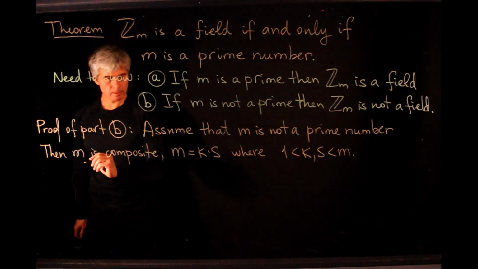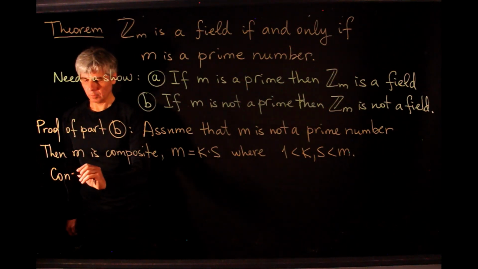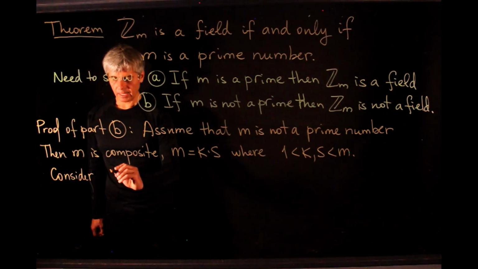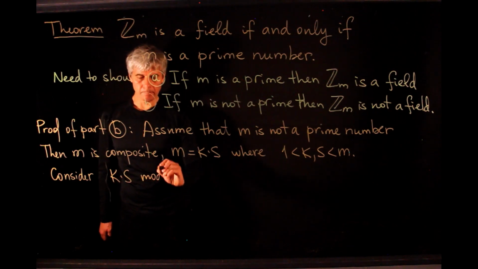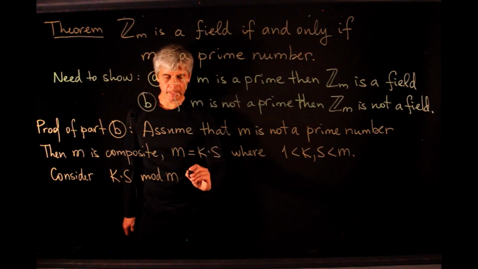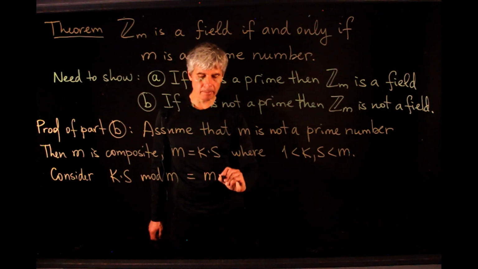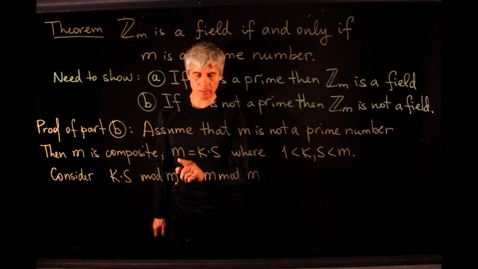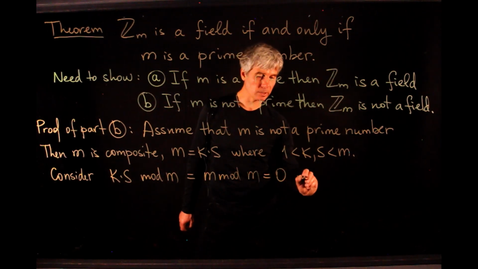Then consider k times s mod m. But this is the same as m mod m, because k times s is equal to m. And thus this is equal to 0 mod m.